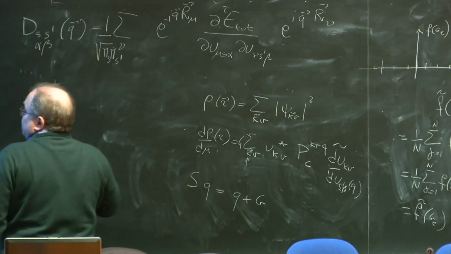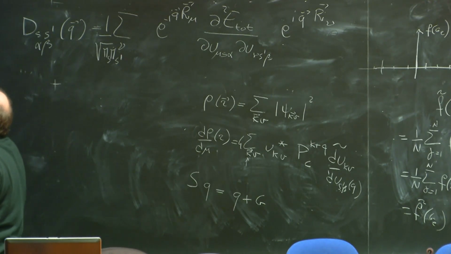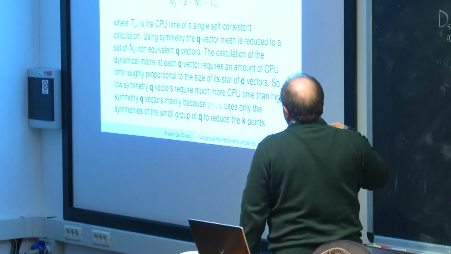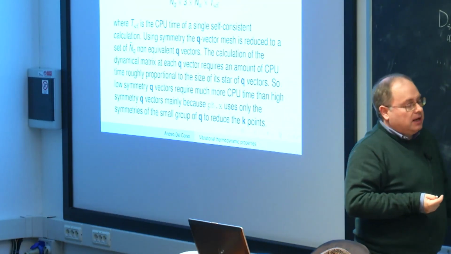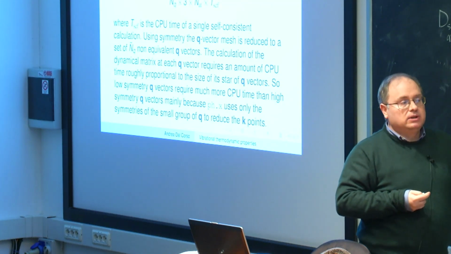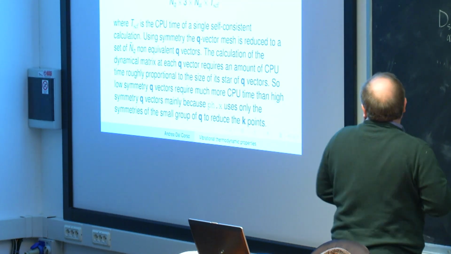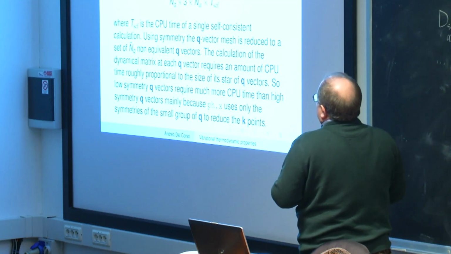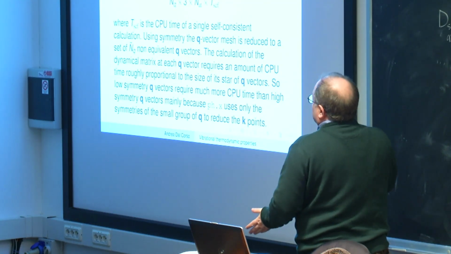So for non-symmetric q points, you need a lot of k points. But you have an advantage that when you have calculated the dynamical matrix at a given q, you can use symmetry to calculate the dynamical matrix in all the rotated q. And so there are q vectors that require more time and q vectors that require less time.